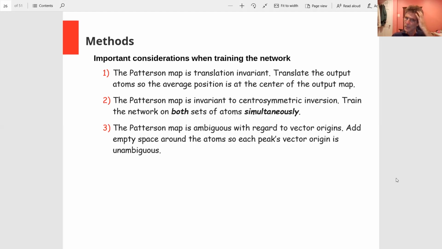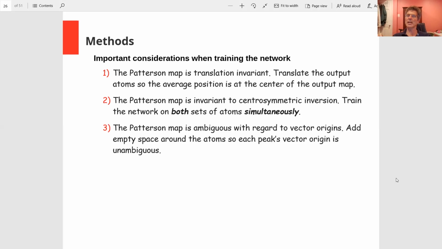And the third important consideration is that the Patterson map is actually ambiguous with regard to vector origins. So when you look at a vector in a Patterson map, or when you look at a peak in a Patterson map, it's not clear which origin of the cube the peak represents.